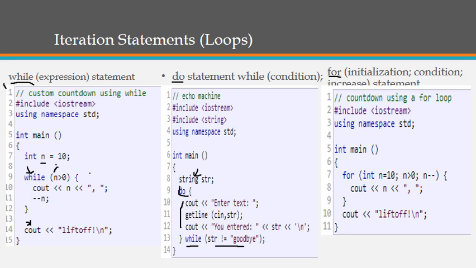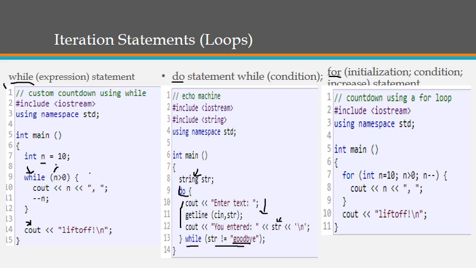Now we print that value, or we display that value on the screen until the user enters goodbye. So this set of code will be executed until the user enters goodbye.